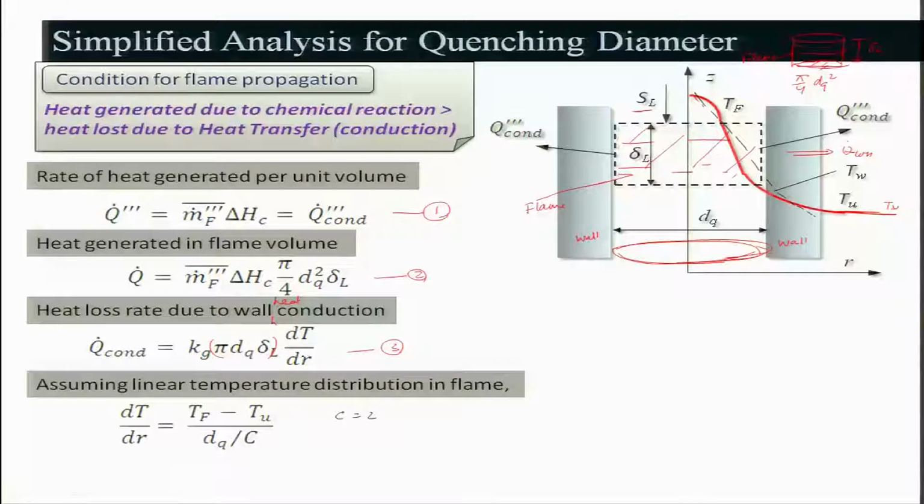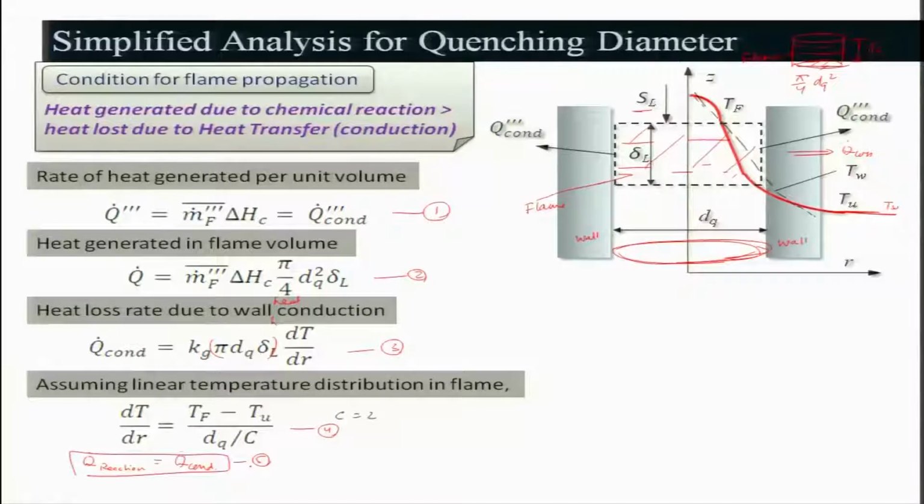So, what we will be doing is substituting equations 4, 3 and 2 in 1, and I can get all those things. Basically, Q dot due to heat of reaction is equal to Q dot due to conduction. This is what we need to put, let us say this is equation 5.